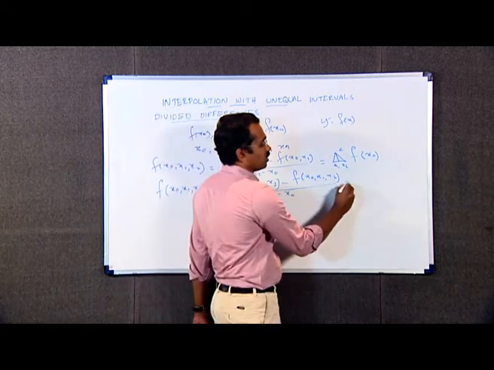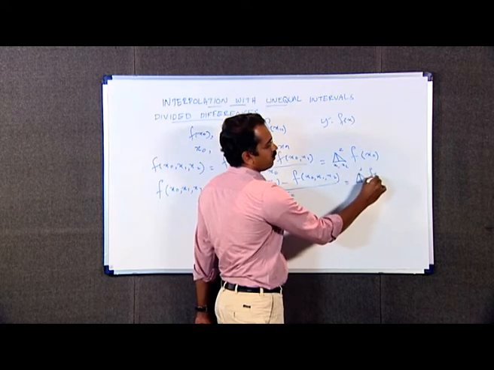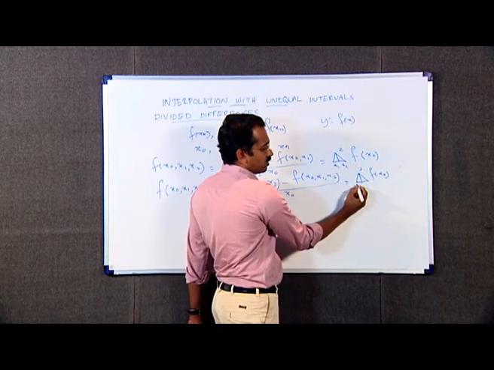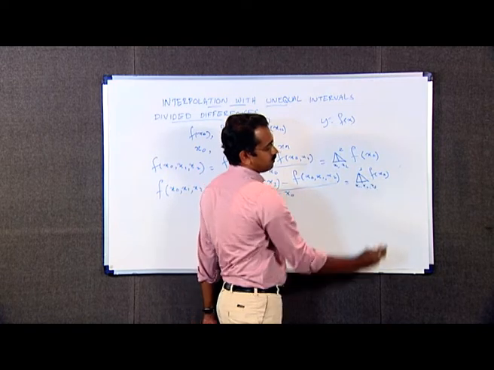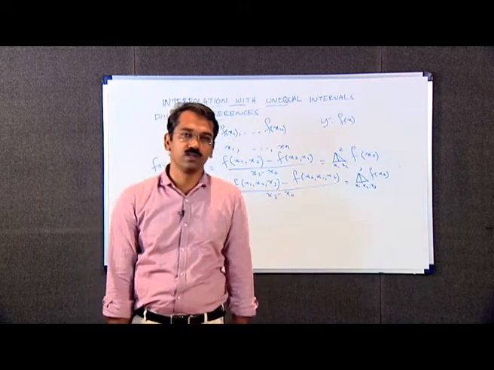We can use the notation divided delta cube f of x naught, we write here x 1, x 2 and x 3.